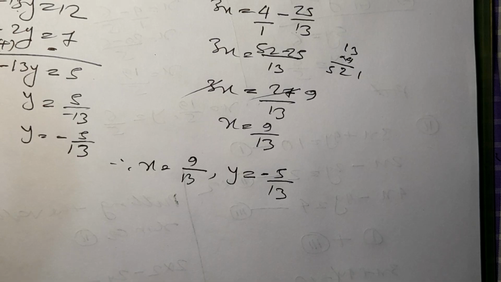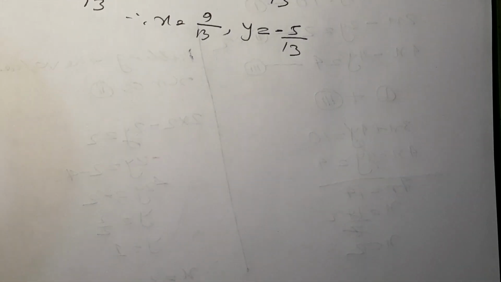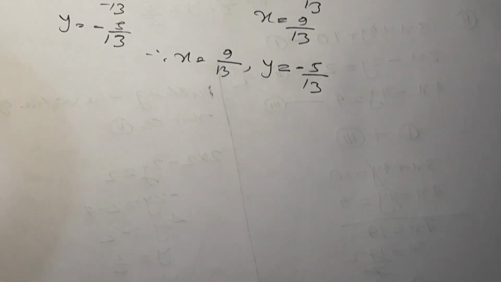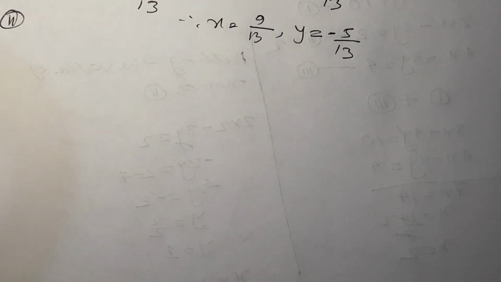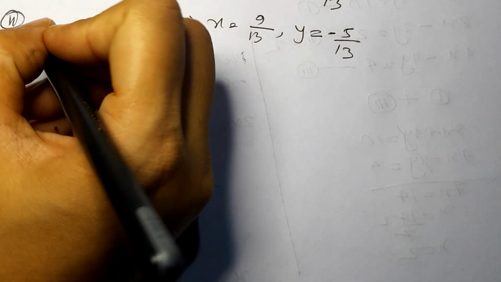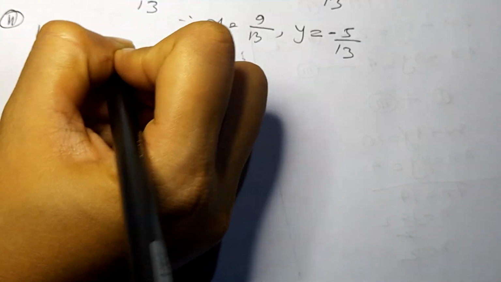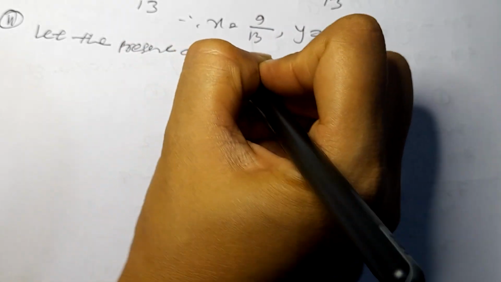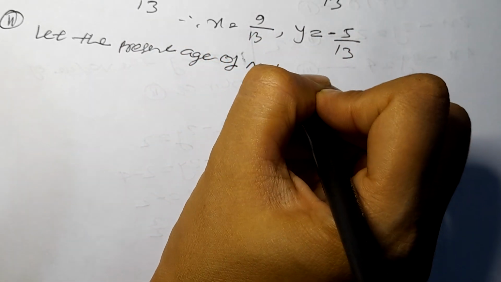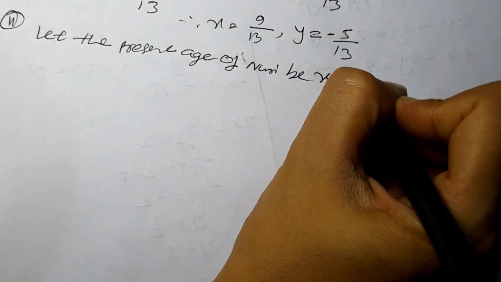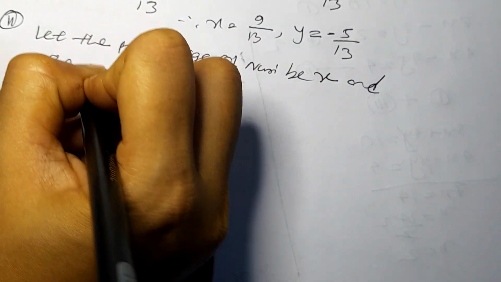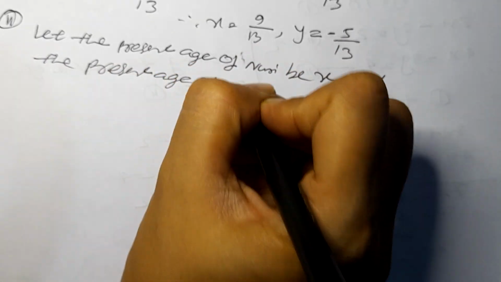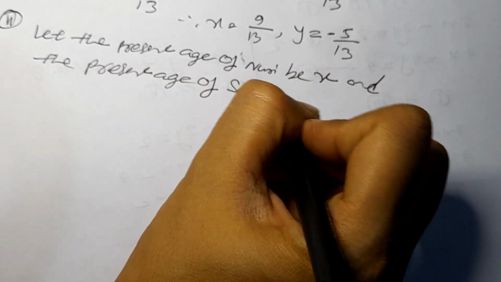So let the present age be, this is Roman number 2. Let the present age of Nori be x and the present age of Sanu be y.